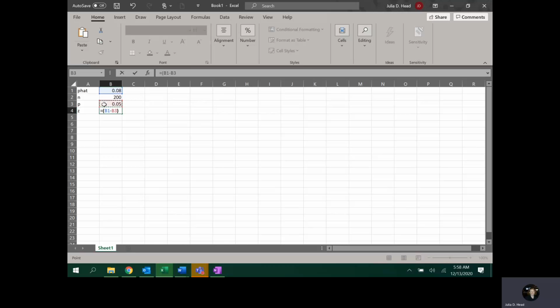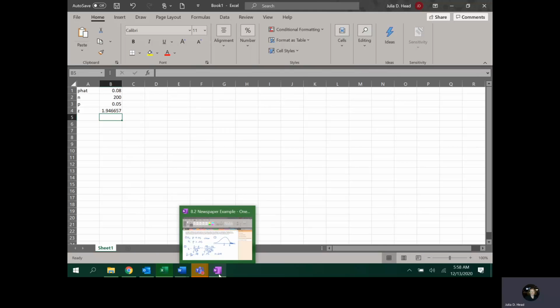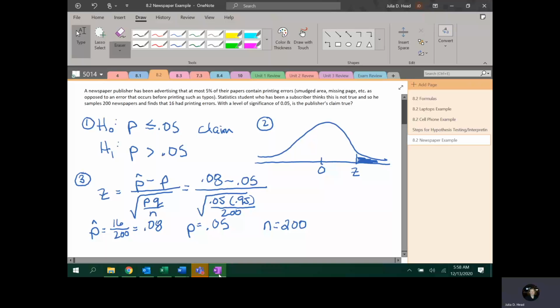Minus the 0.05 divided by the square root of 0.05 times 1 minus 0.05 divided by 200. So we get approximately 1.95. Notice we got positive 1.95, which is what we did predict.